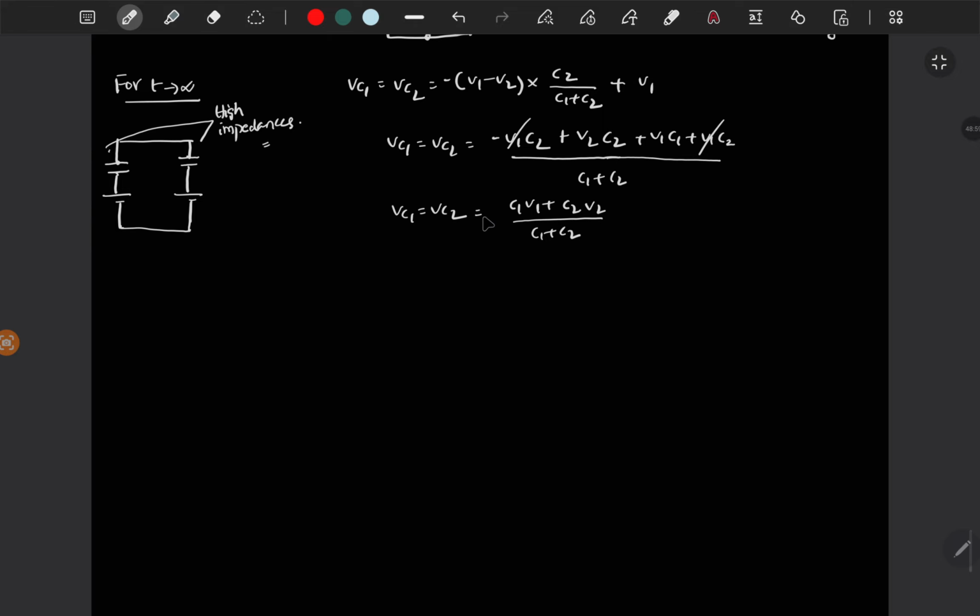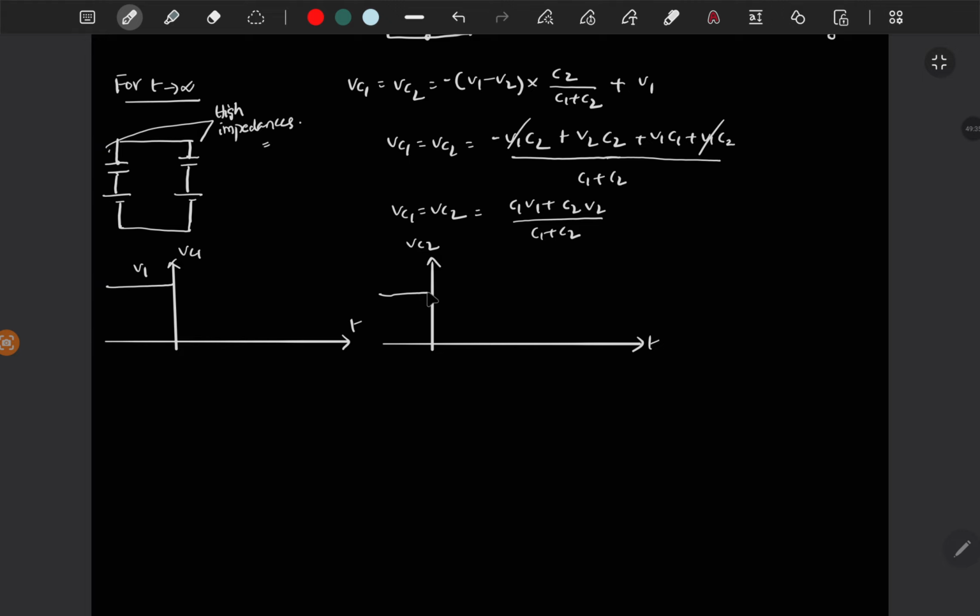So you will get the same voltage for both t equal to 0 plus and t tends to infinity, which means whatever the initial voltage across both the capacitors, let's say this has V1 and the capacitor C2 has V2, let's say it is some other voltage.